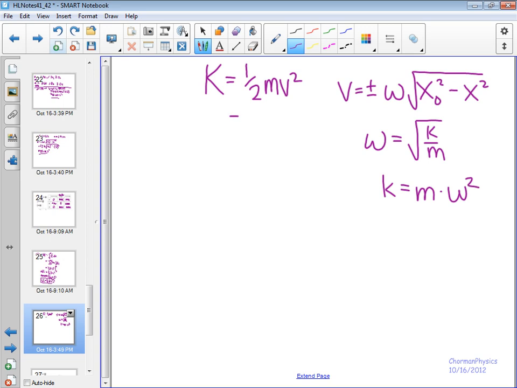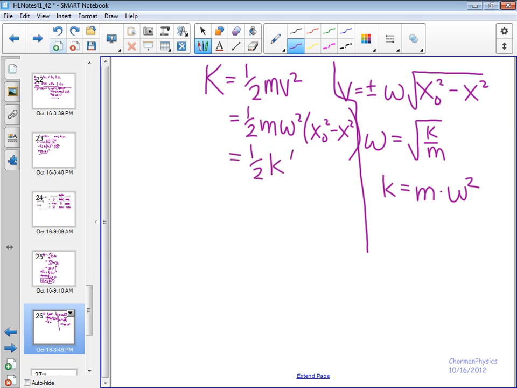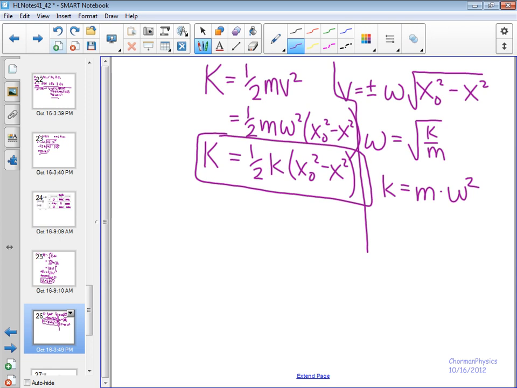So, 1/2 m omega squared, times x naught squared minus x squared. The plus or minus disappears when we square this whole thing. We can also write this as 1/2 k times x naught squared minus x squared. So these are the two different formulas we can use for the kinetic energy.